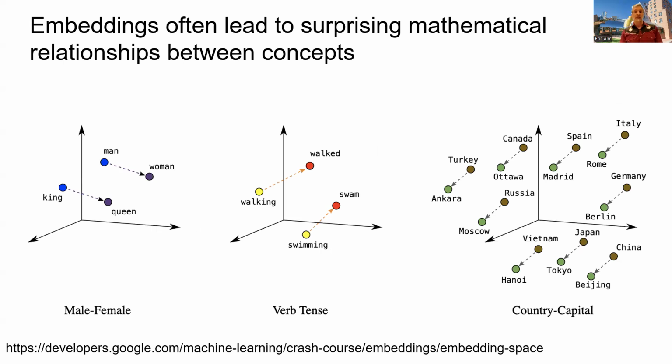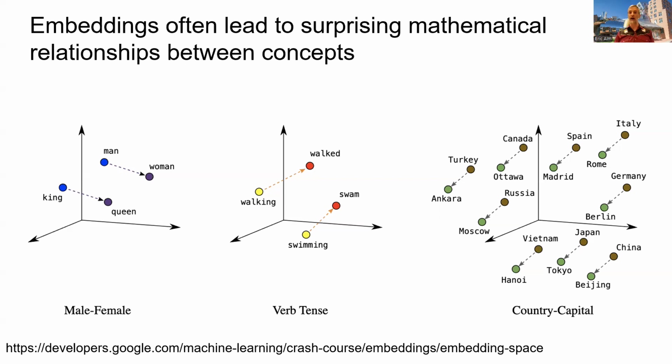And so these embeddings often lead to surprising mathematical relationships between different concepts. I just took this from one of the Google pages, but I think it's probably Word2Vec. And so you can see that the relationship between man and woman versus king and queen is kind of the same. So if I were to take the vector for king, subtract the vector for man, and then add back in the vector for woman, the resulting vector would be awfully close to queen, right?